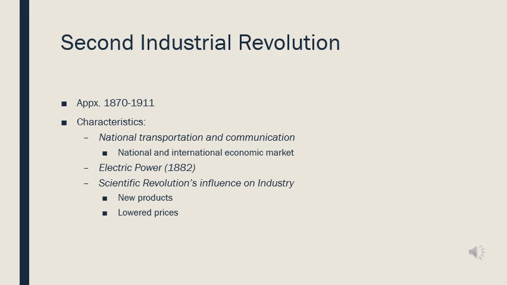And the last thing that the second industrial revolution has as a characteristic is the marriage between science and industry.